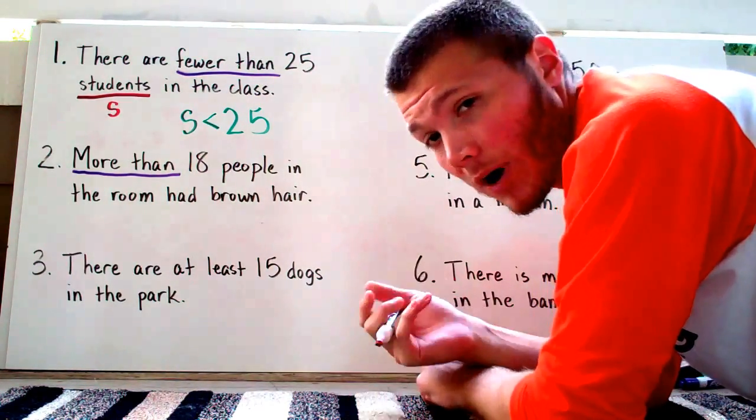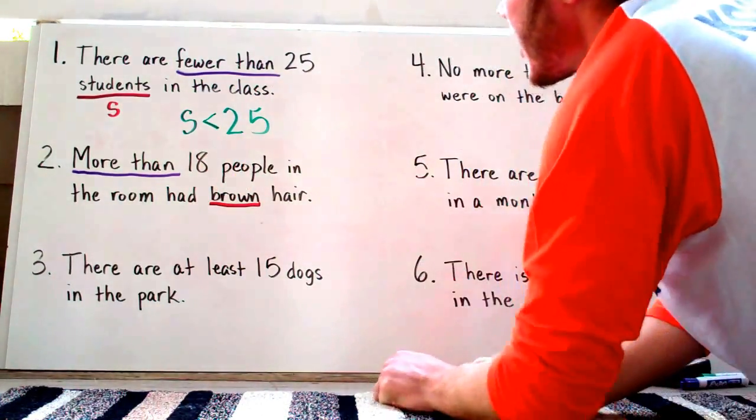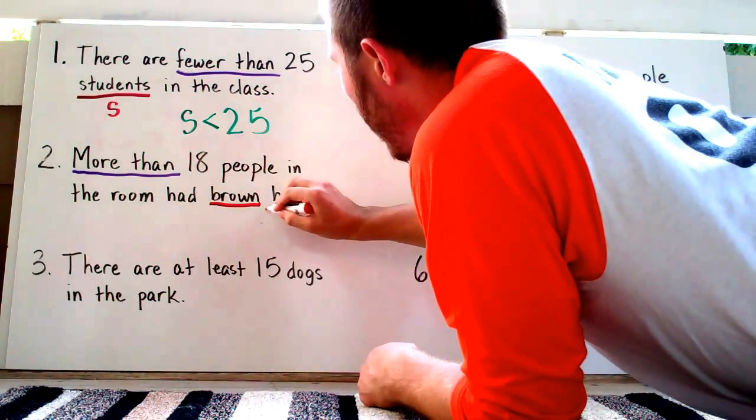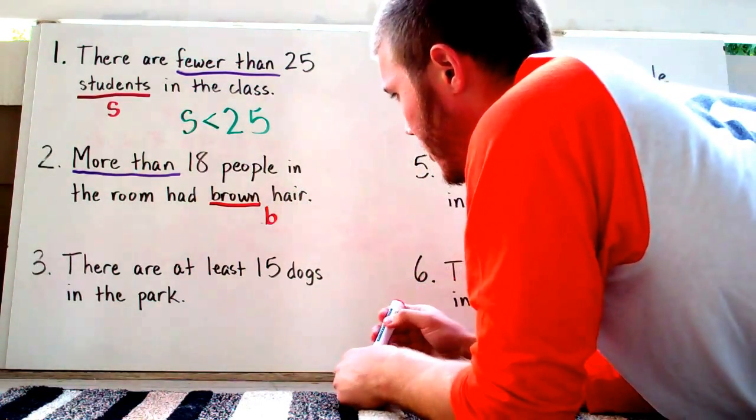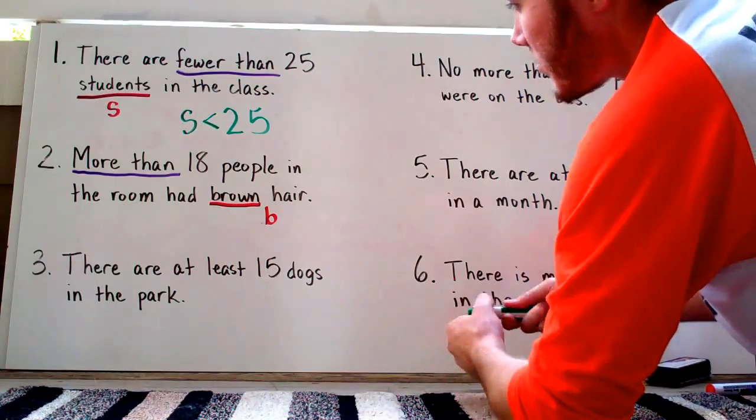Since we're talking about people with brown hair, I'm going to underline brown and use the letter B to represent the number of people with brown hair. So now when I write my inequality, B is my variable.